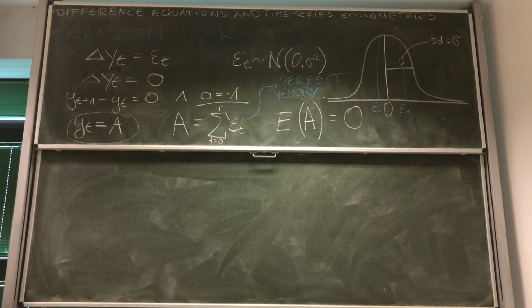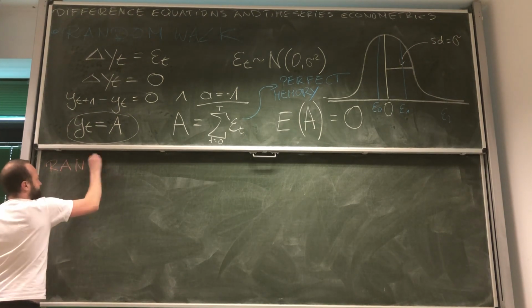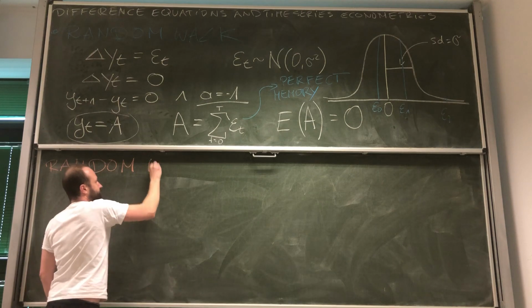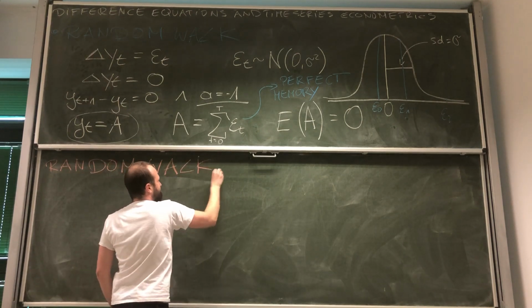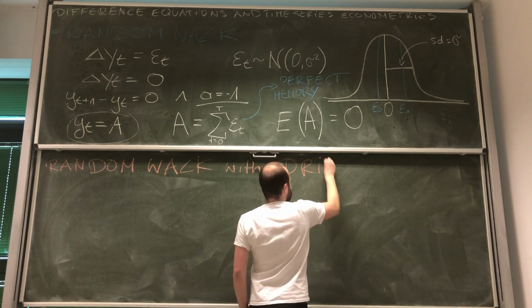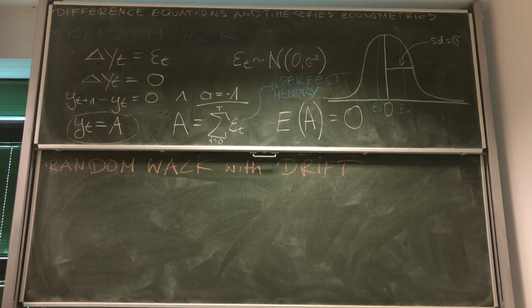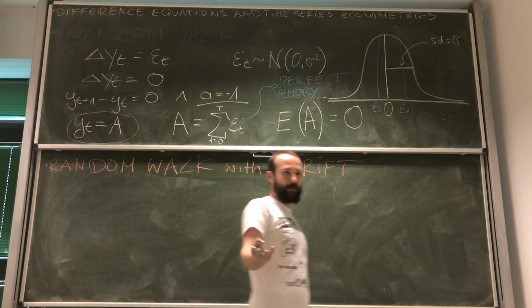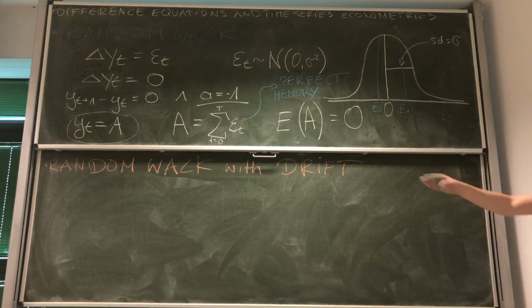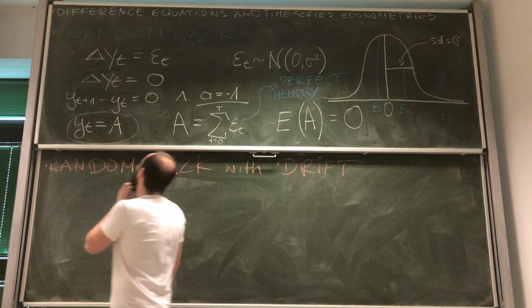And we're going to call it random walk with drift. Okay, so what is the random walk with drift? Okay, let's just start again by writing the equation that could produce it.